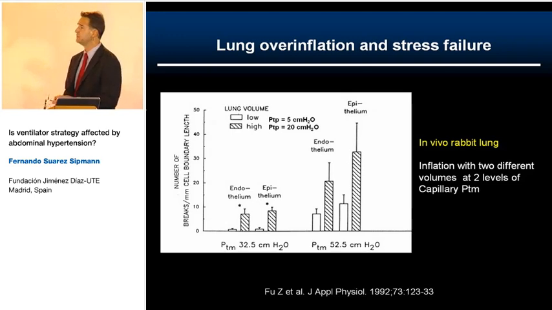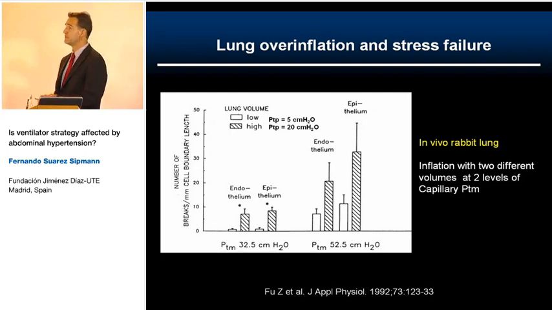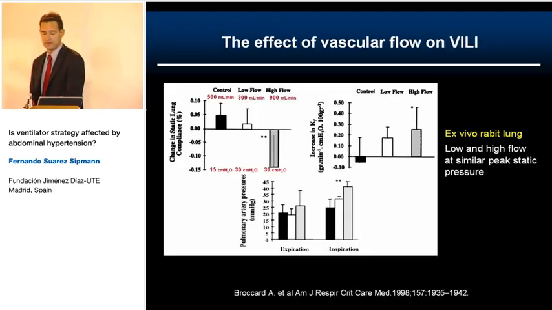So in these animals, in vivo rabbit lung, the animals were inflated with 2 different volumes at 2 different constant capillary transmural pressures. And they found that whenever they applied the higher inflation volumes, they had an increased number of capillary and alveolar breaks in the histology. And this effect was magnified when the transmural pressure of the capillary was also higher.